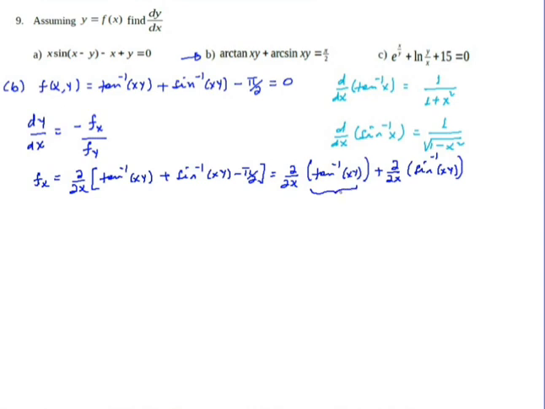What is the partial derivative of this with respect to x? Treating y as a constant, this becomes y over 1 plus xy the whole square, plus the partial derivative of sine inverse of xy, which becomes y over radical 1 minus xy the whole square.